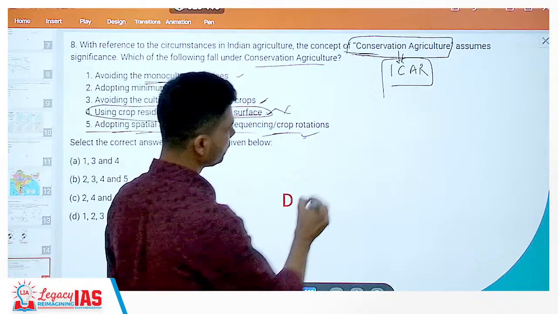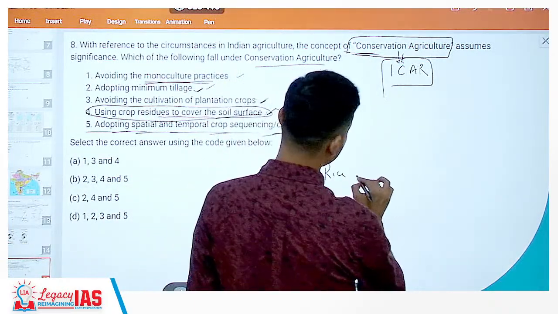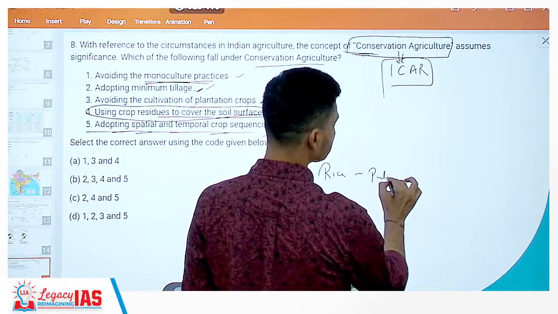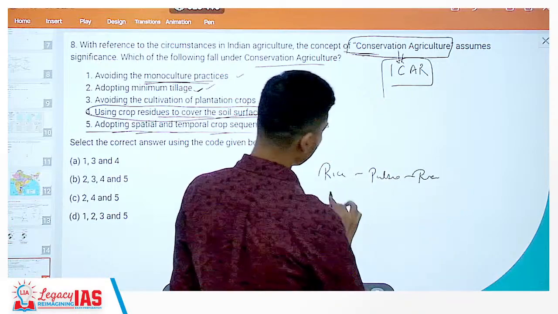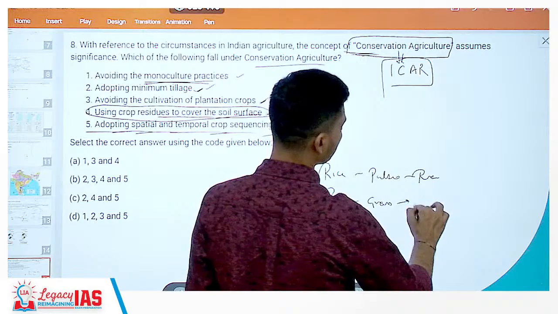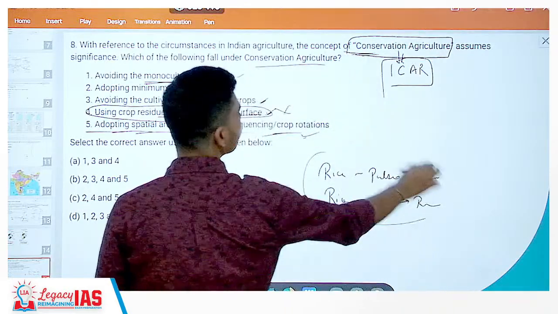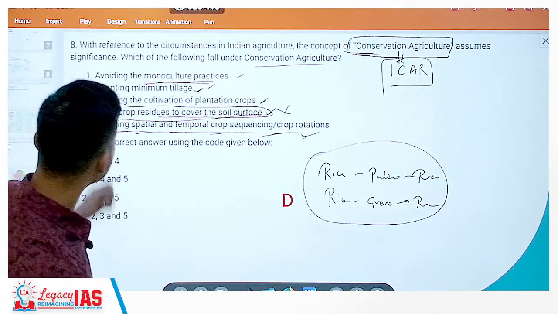Crop rotation means in this season, suppose you have grown rice, then next season you can grow pulses in the same field, and again next season you can grow rice again, or rice, then you have some sort of grasses grown here, and again rice is grown. So this kind of crop cultivation practice or sequencing of different crops is called crop rotation.